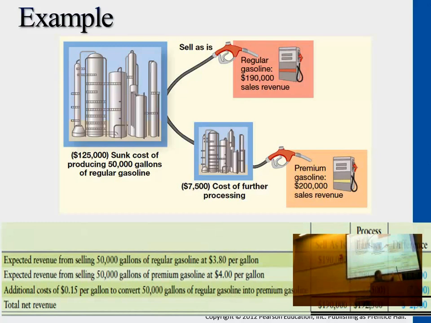Okay, so for selling as it is, the original sales revenue was $190,000. You process it further, you had additional cost, of course, but the increased revenue, the revenue difference, is higher than the cost. So the revenue boosted up $10,000 more, your cost is only $7,500. The difference is you have a positive profit there after choosing the second option.